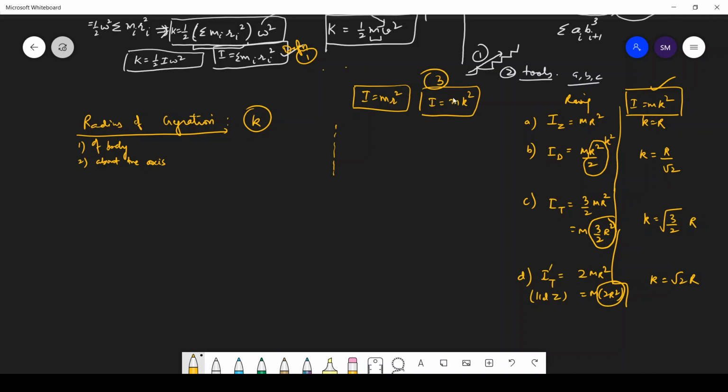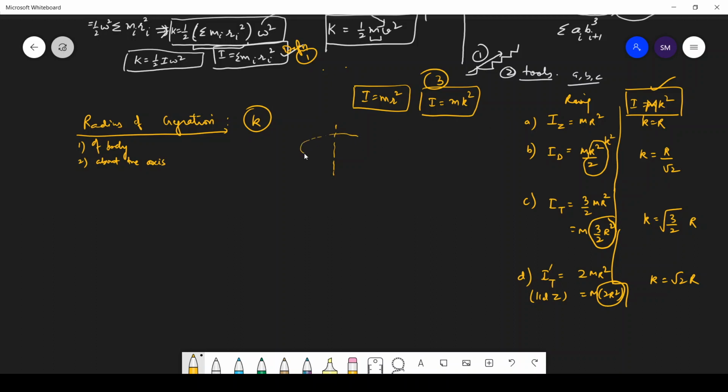If you are assuming the whole body, so this is capital M. So assuming the whole mass is concentrated, as if the whole mass of the body were concentrated, its moment of inertia about the given axis would be the same as with the actual distribution of mass. So what does this mean?